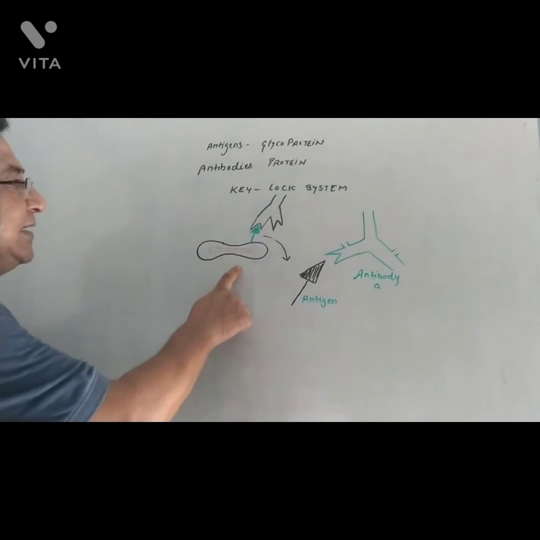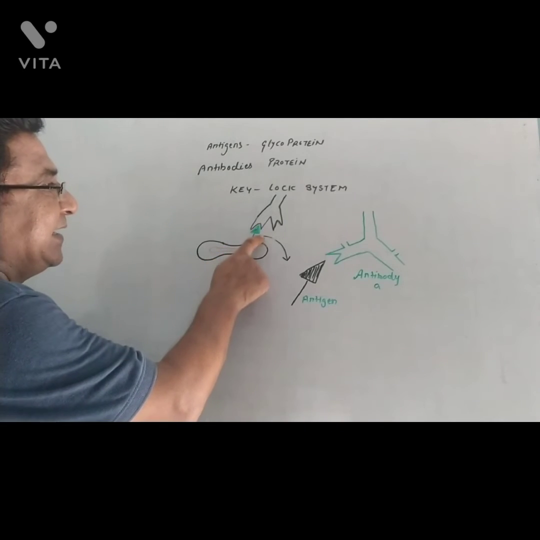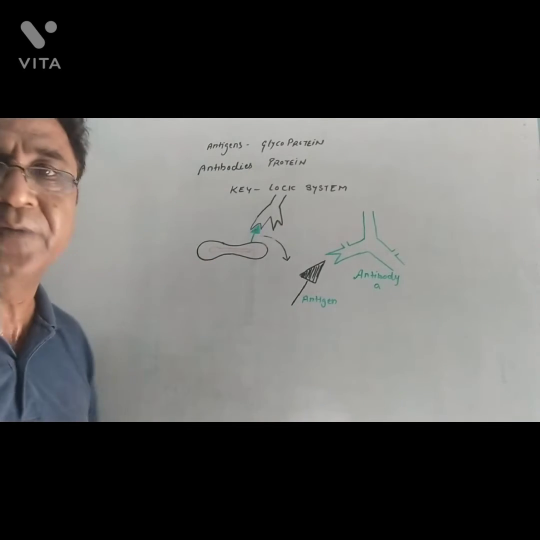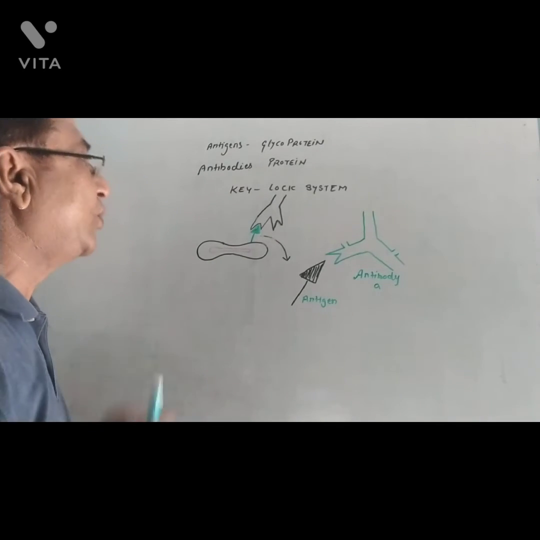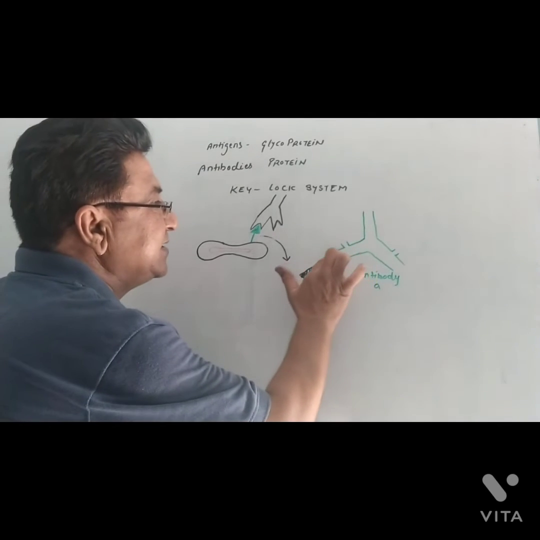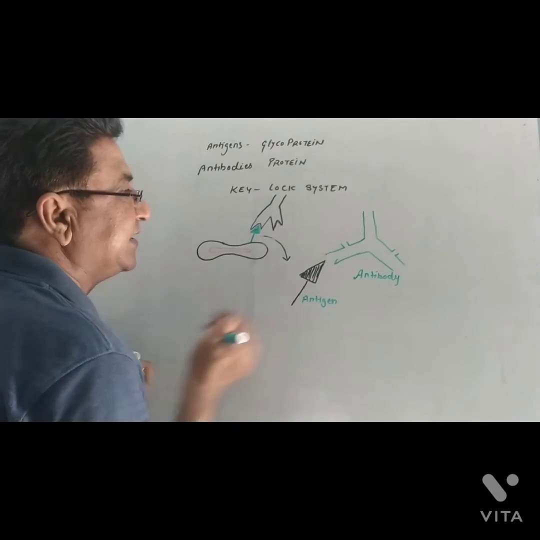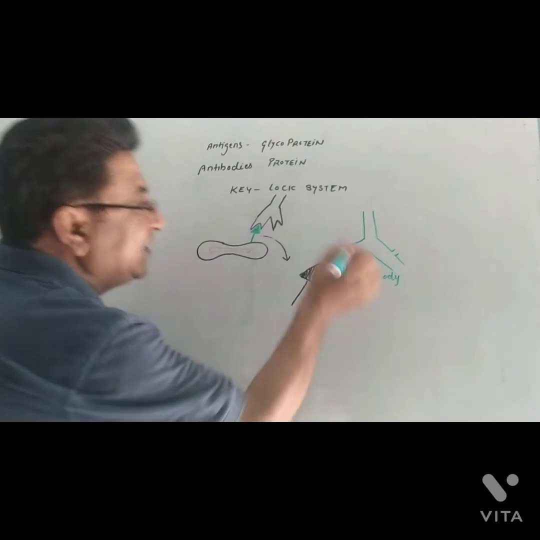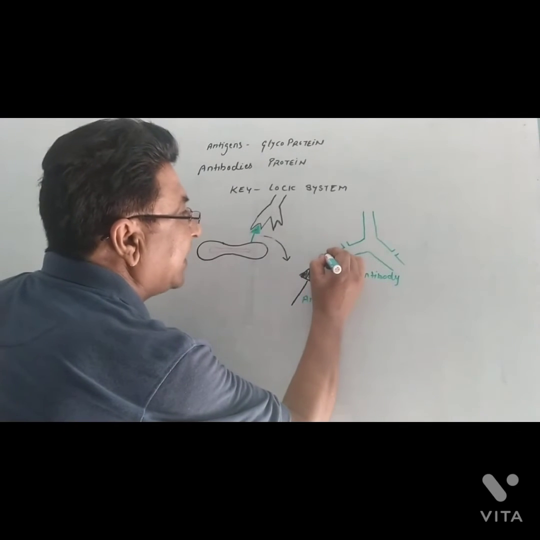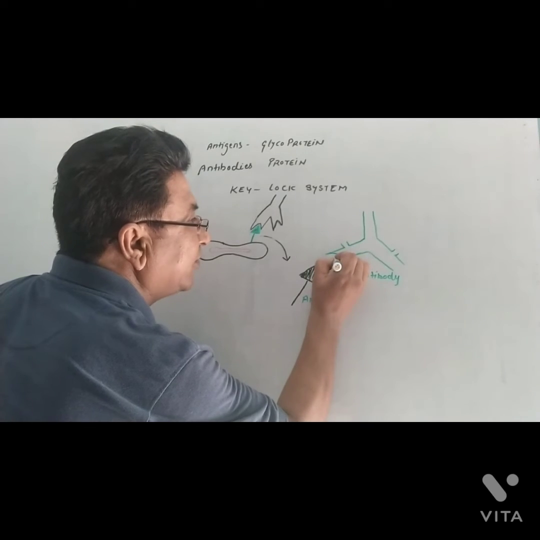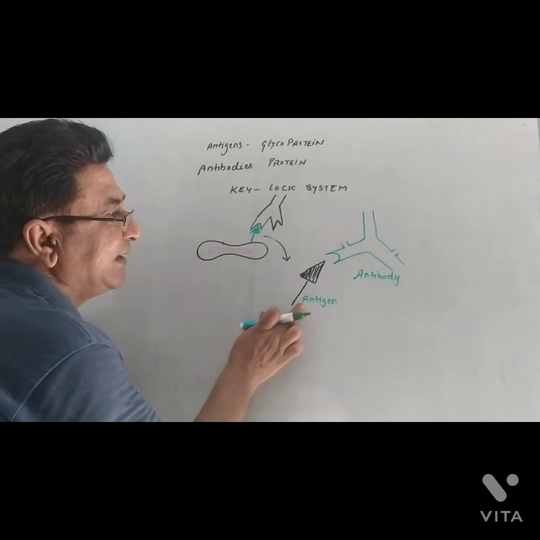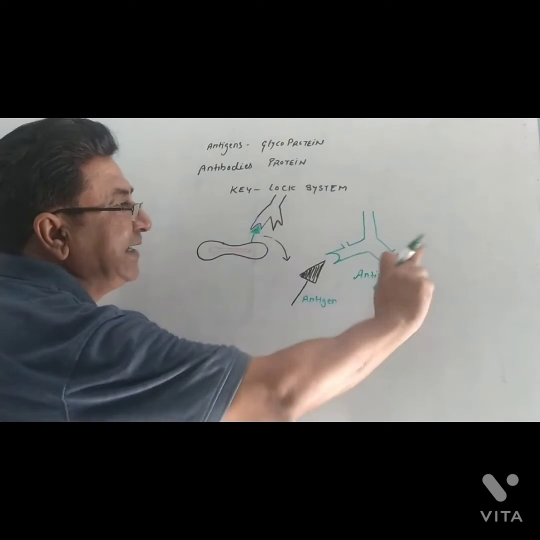So one thing is very clear: if there is antigen A, then antibody A should not be present in the blood group. So which kind of antibody has to be present? Suppose I make a little change. Instead of this A-shaped structure, the antibody has a B-shape, a dome of the B. Then antigen A will not get fixed in it.